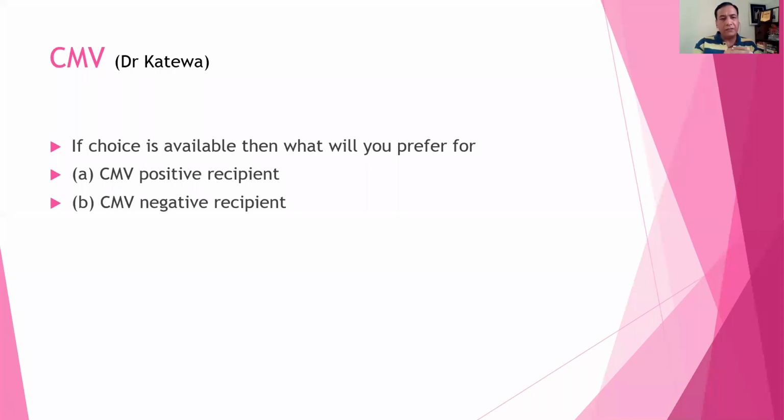If your patient is CMV negative, you search for a donor who is CMV negative. Otherwise, there are going to be issues. But let us assume your patient is CMV positive. Then what are the choices? The best choice would be to search for a donor who is CMV positive, because CMV positive means that donor has lymphocytes against the CMV.